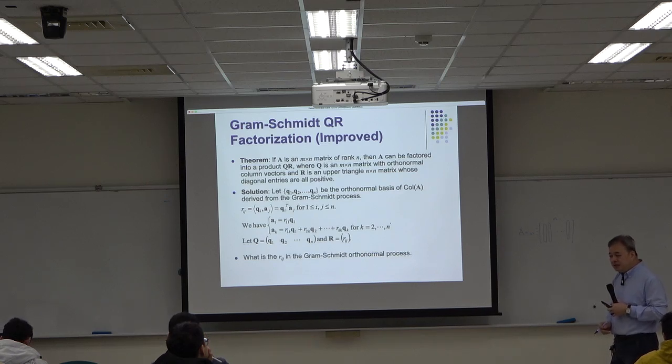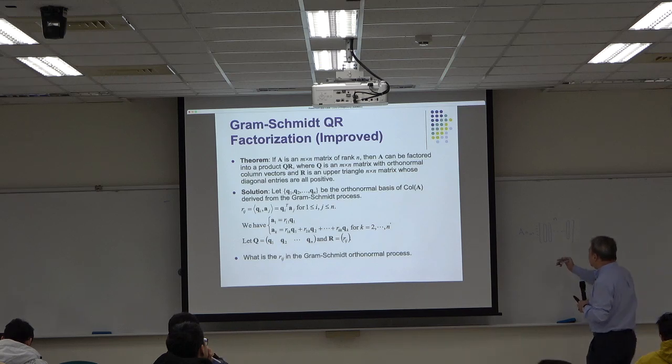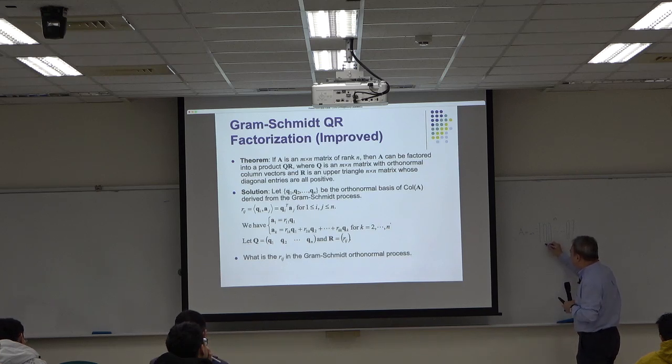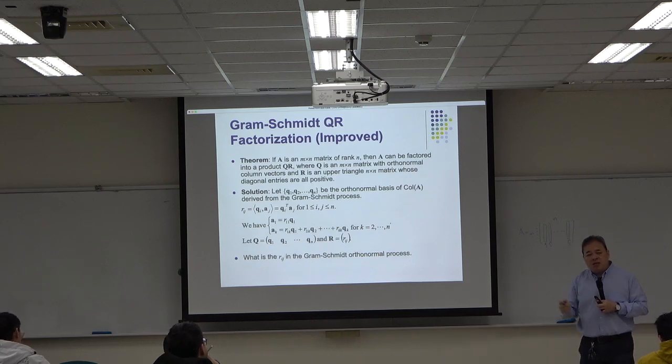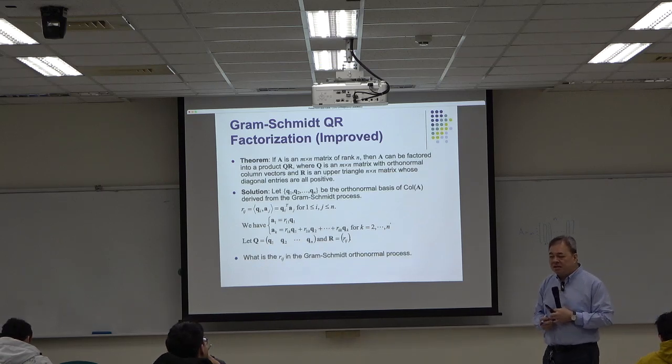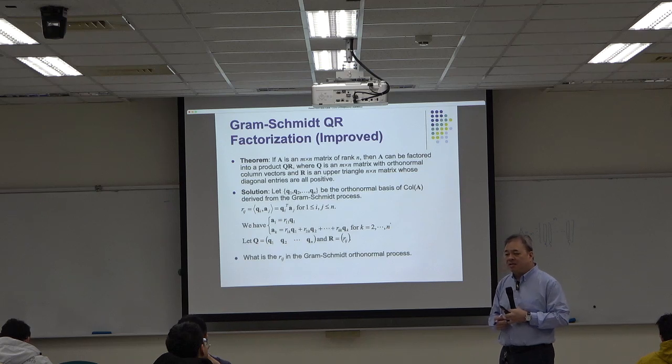This is rank n. So if you consider this matrix as a collection of n column vectors, so treat each one of these as a column vector, you have n column vectors. Because the rank is n, that means all these column vectors form a basis, or put another way, they are independent.